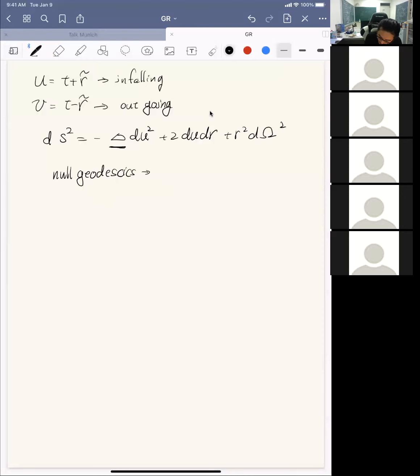For the null geodesic you just set this to 0 because we're at fixed angle, and then we're just going to have these two terms, and therefore du dr is just going to be equal to 0 for infalling, and 2 over delta for outgoing, right?